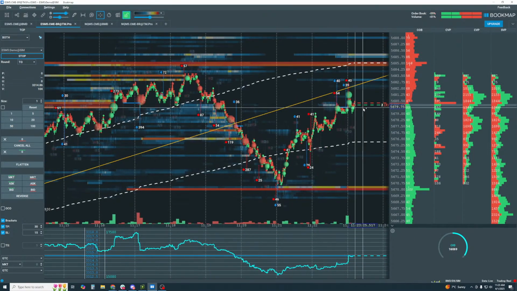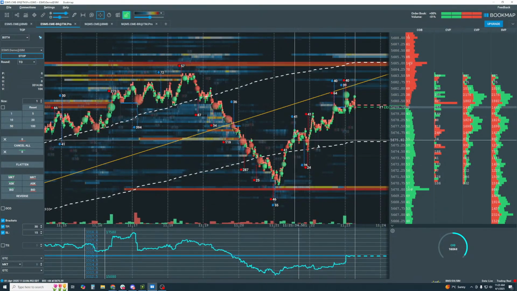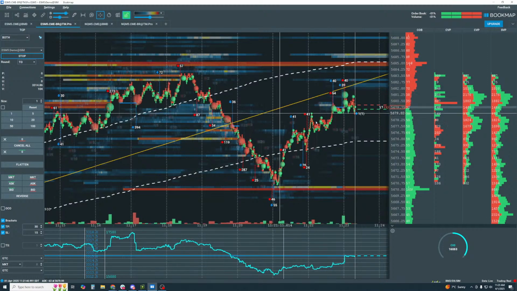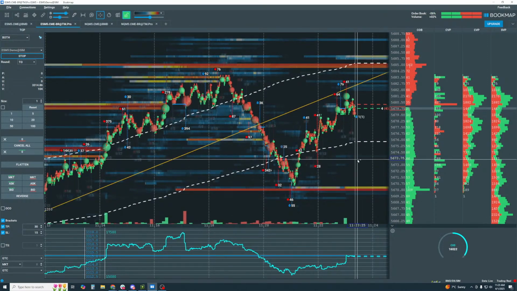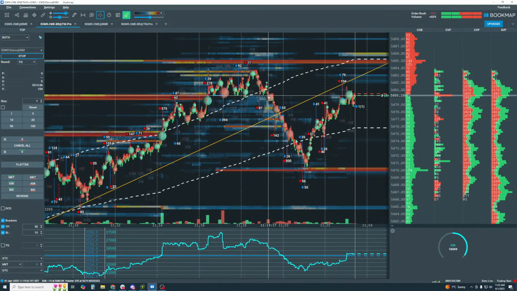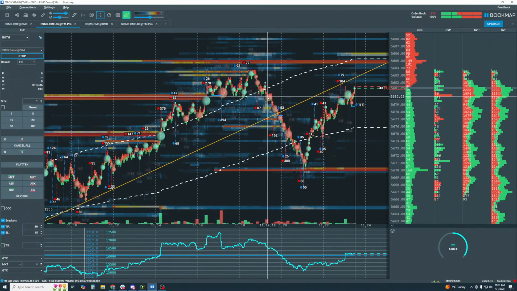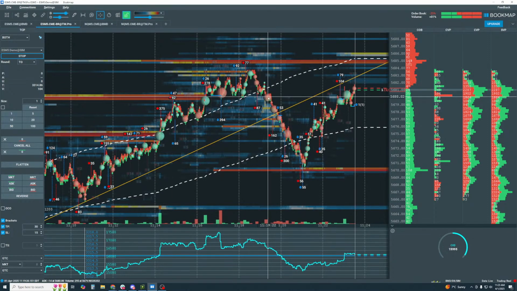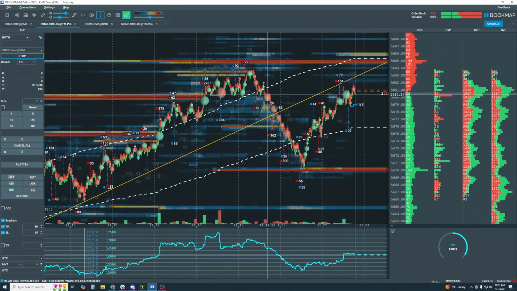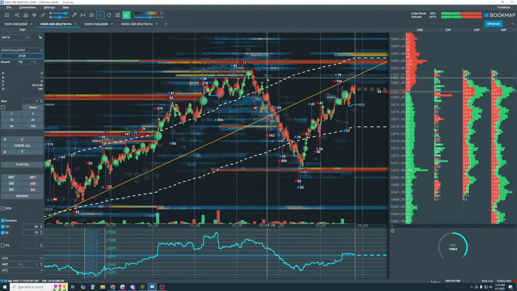All right, European close coming up, 11:30, and a little bit of volatility in here, but this has been kind of an odd session as we have really seen quite a big changeover from sell side to buy side, and now we're looking again for sell side back up into these levels here.